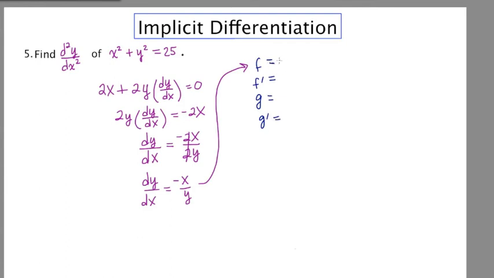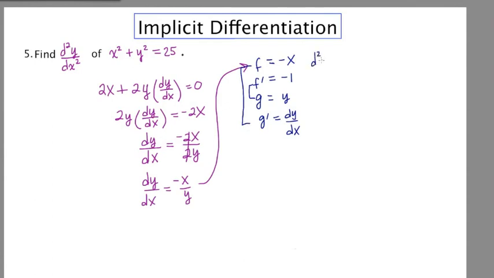So the top function is negative x. Its derivative is negative 1. The bottom function is y, and its derivative is dy dx. So remember, it's the bottom times the derivative of the top minus the top times the derivative of the bottom all over the bottom squared.